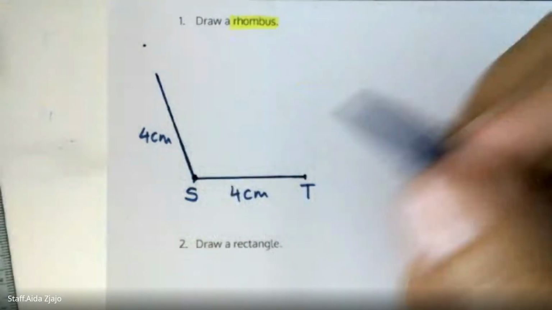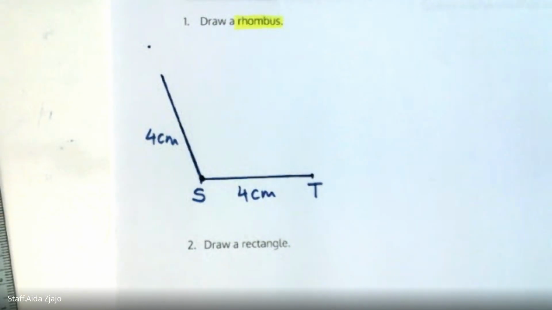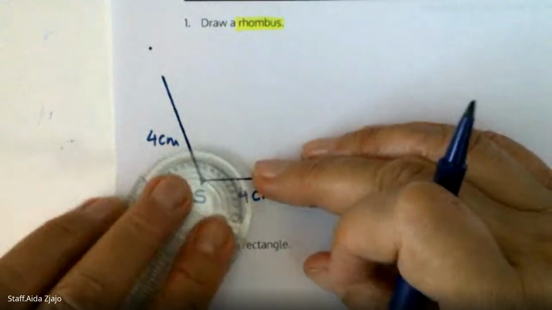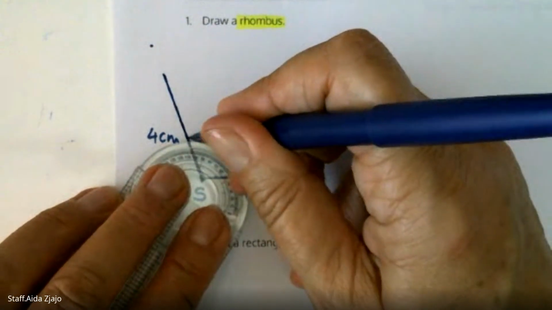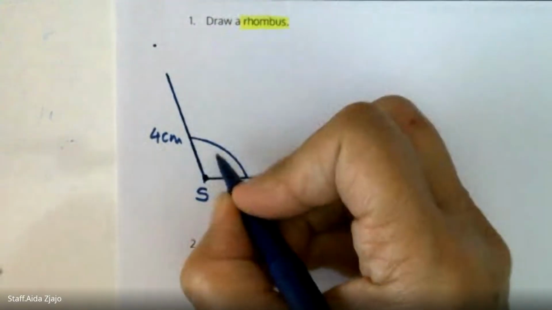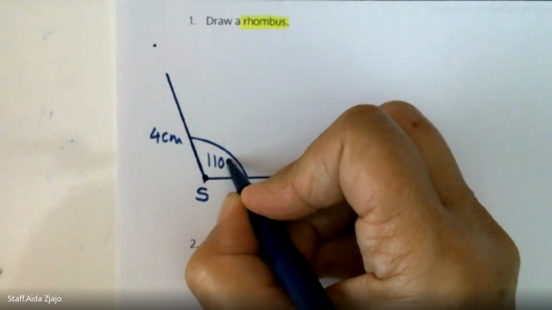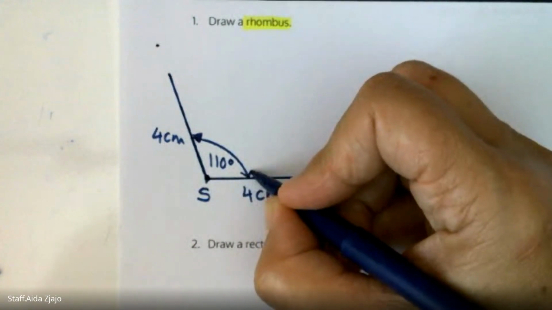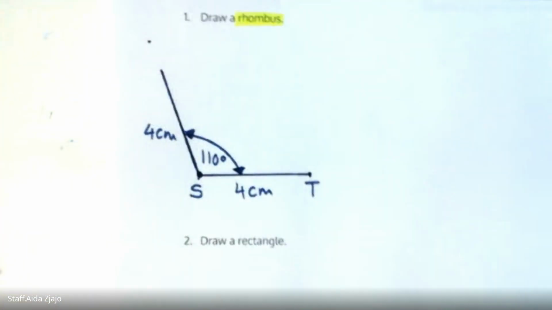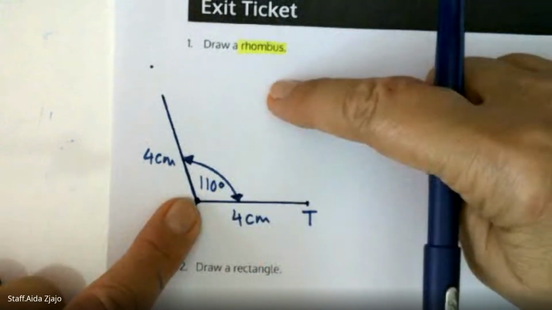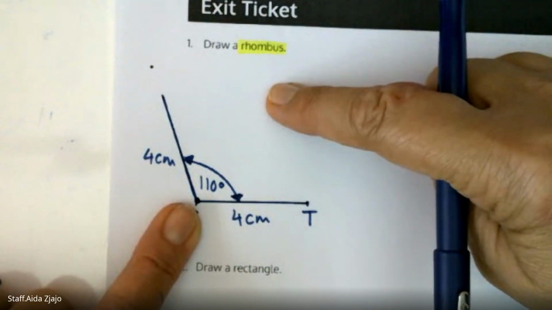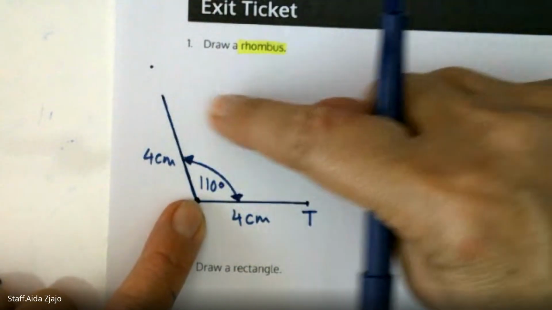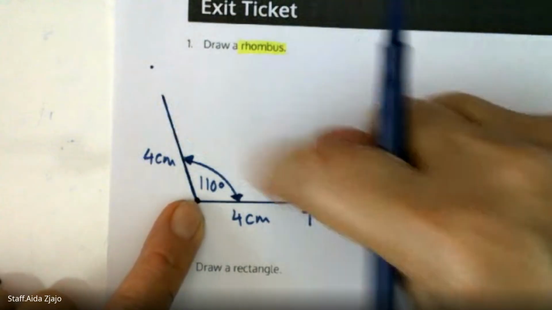Sometimes I like to use my tools. So I'm going to do this. So 110 degrees. And so I know the opposite angle has to be congruent. So same. And then these two have to be the same.